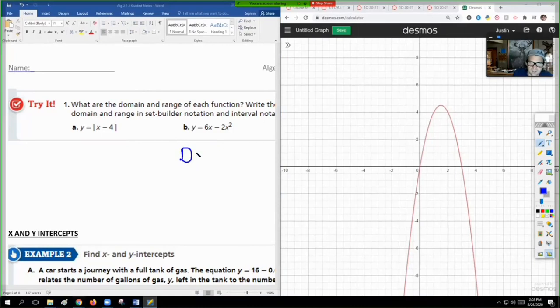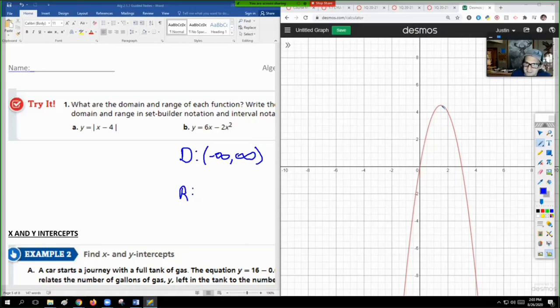All right, so the domain. This will be a common thing too, especially when we're dealing with first functions. We're going to keep it simple. Domain. This graph would keep going to the left eventually and would keep going to the right. We could zoom out if we wanted to, but negative infinity to positive infinity is the domain. The range. Well, let's look at this one here.